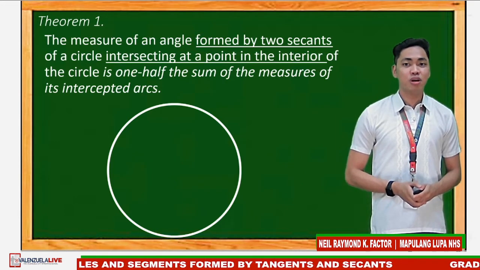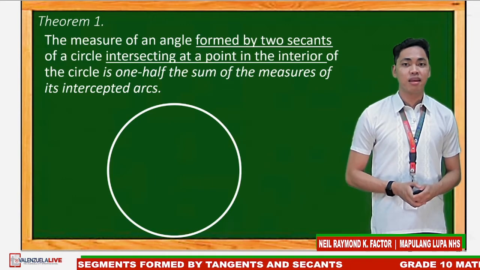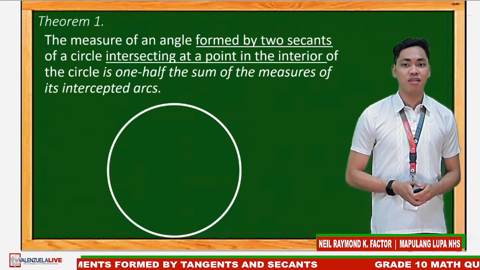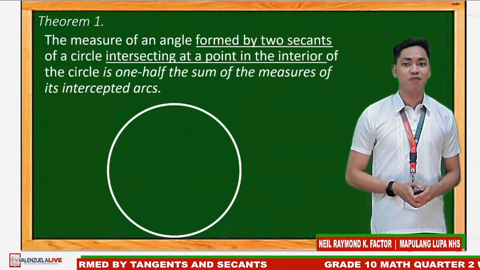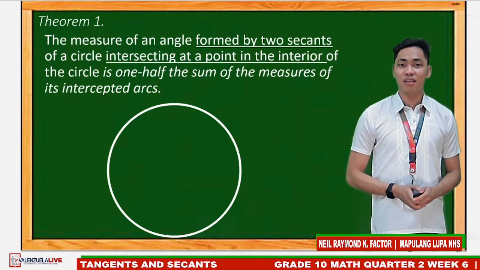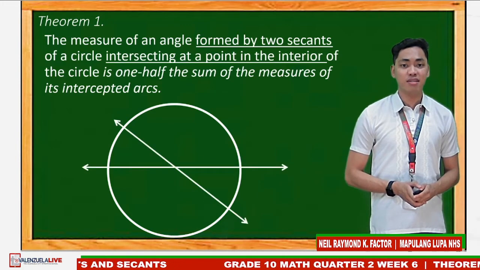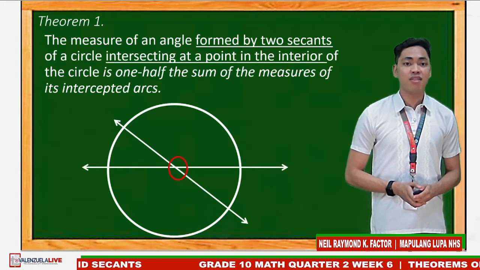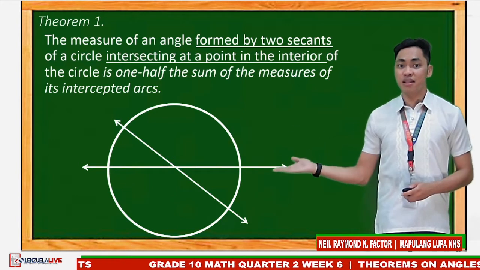The measure of an angle formed by 2 secants of a circle intersecting at a point in the interior of the circle is 1/2 the sum of the measures of its intercepted arcs. Alright, so this theorem is applicable when you have 2 secants intersecting in the interior of the circle. So for example, we have this given circle.